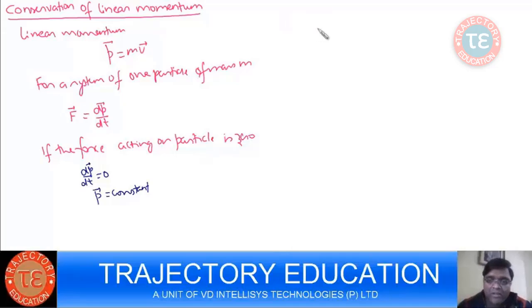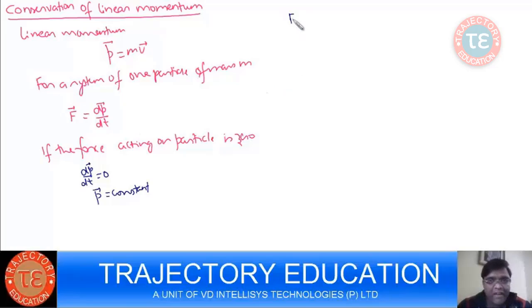And one more thing, sometimes your net force won't be 0. Many times this F is not 0, but one of its components is 0. Many times it so happens that the net force acting on the particle is not 0, but one of its components is 0.